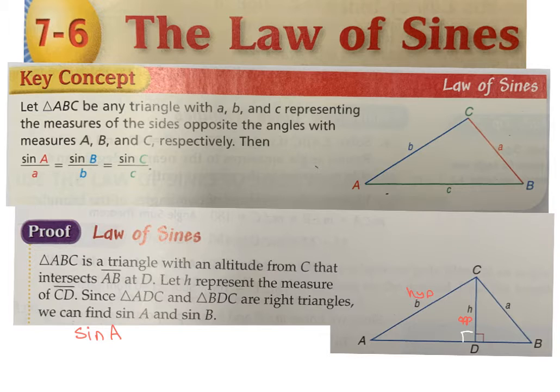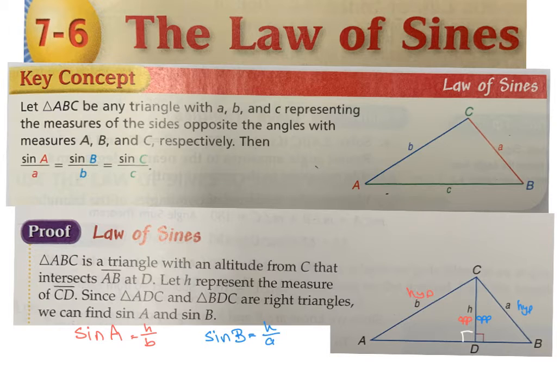That is going to be h over b. And then the sine of B, this is opposite for B, and this is hypotenuse for B, for that right triangle. So this would be h over a.